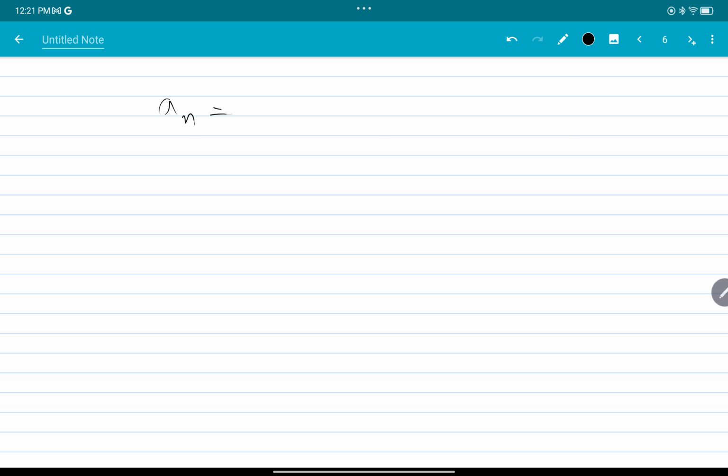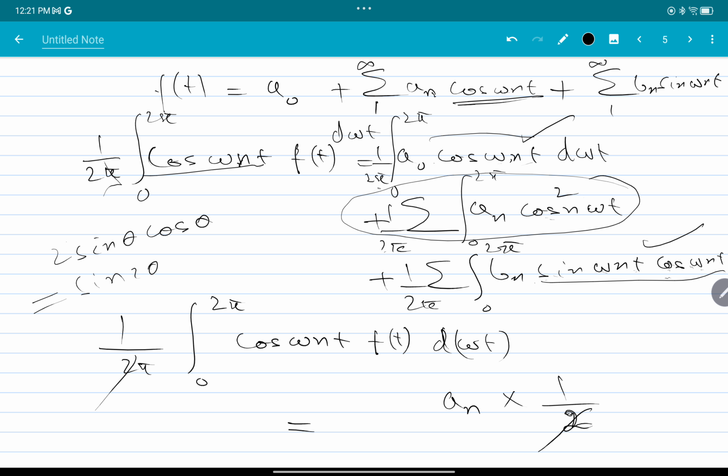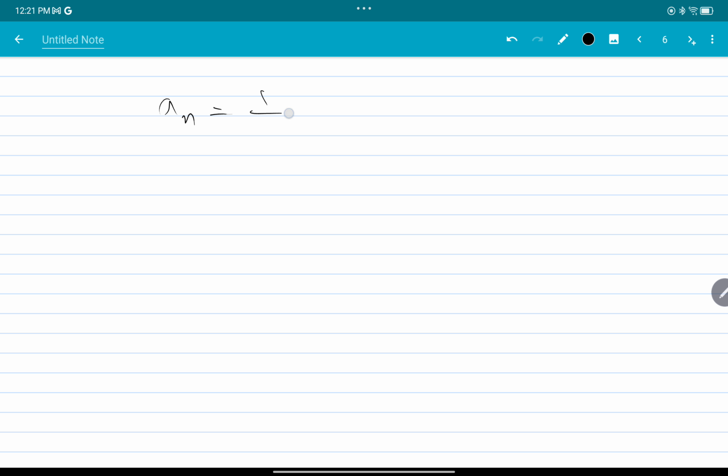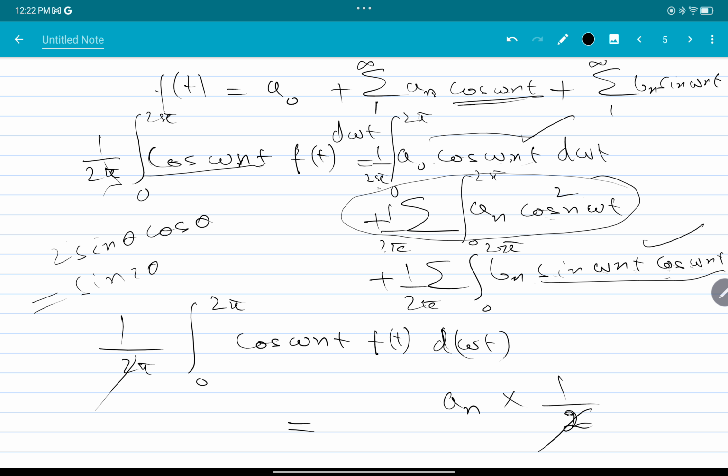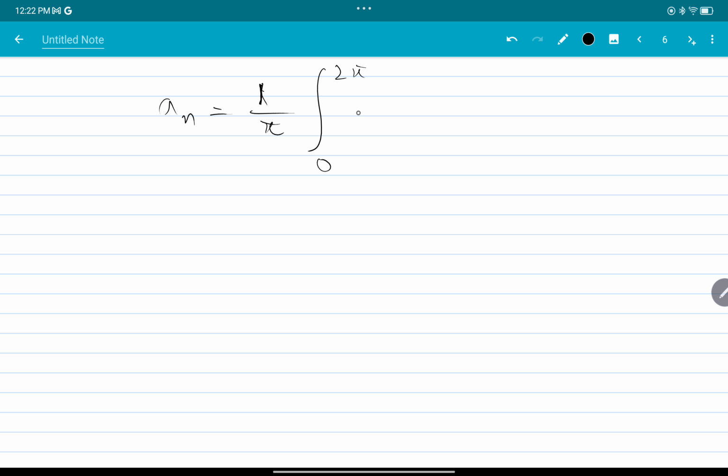Finally an turned out to be 1 by pi, the integral over 0 to 2 pi of f(t) cos omega n t d omega t.